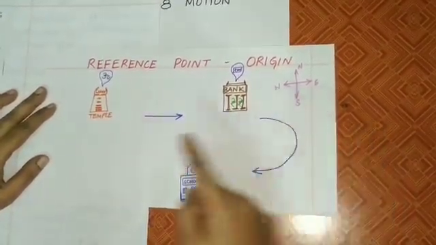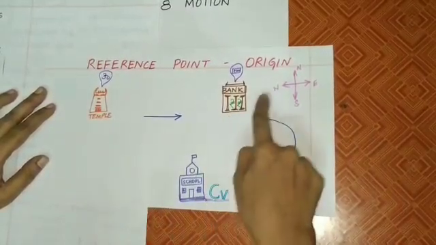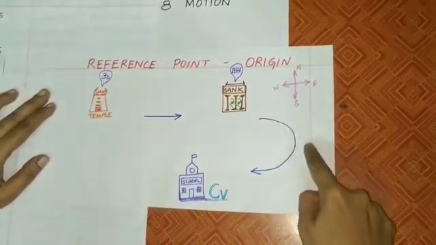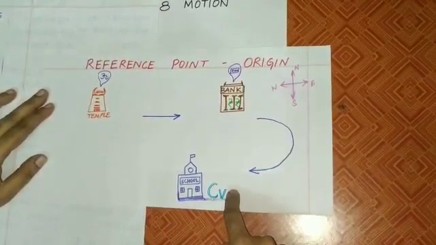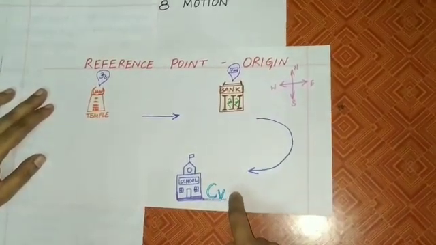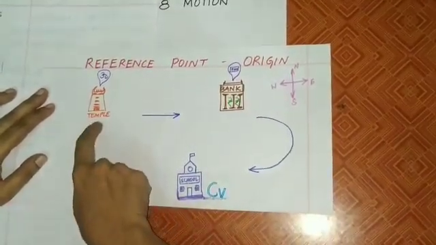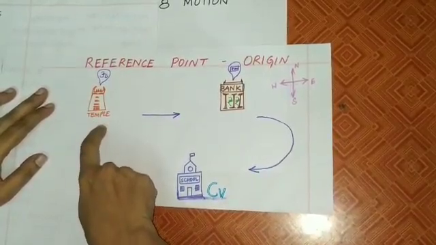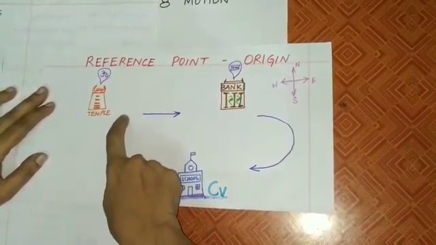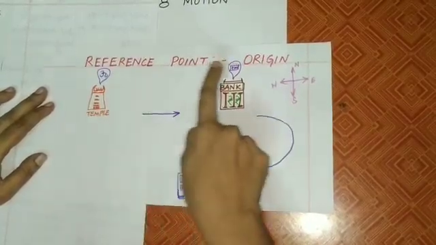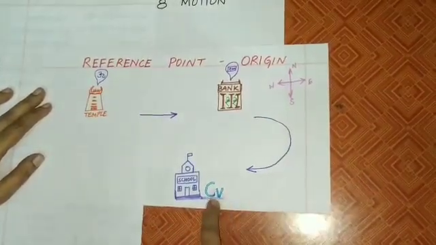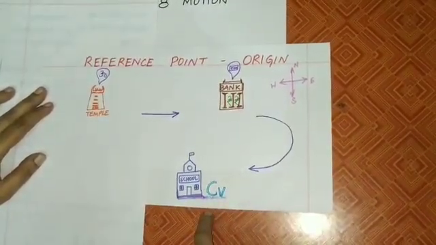You have to travel towards east, passing the Indian Bank, and take U-turn to reach the school. Right? Here, the temple is the point of reference or the origin. From there, you can say in which direction and how many meters you have to move to reach the destination.